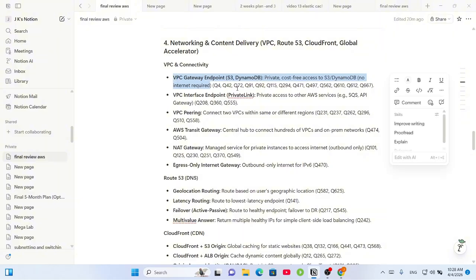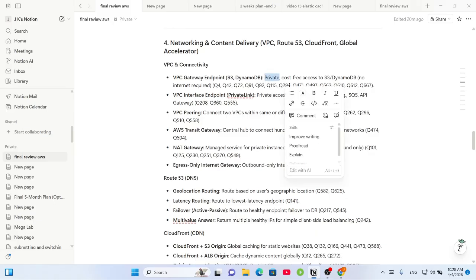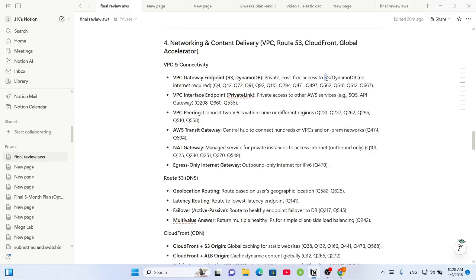Okay, VPC gateway endpoint. The idea is you have a private instance and you want to access AWS services like S3 and DynamoDB from those instances. Okay, but if your EC2 instance was public, you can access the services easily.